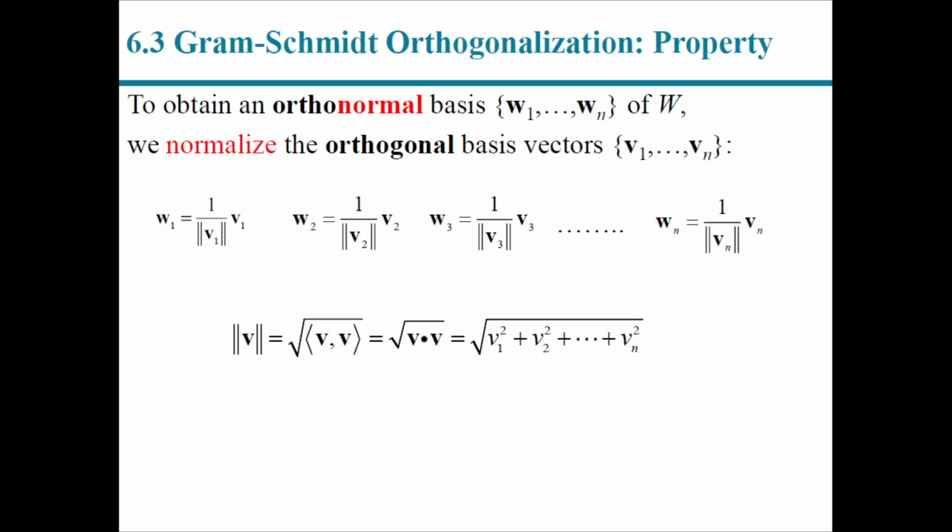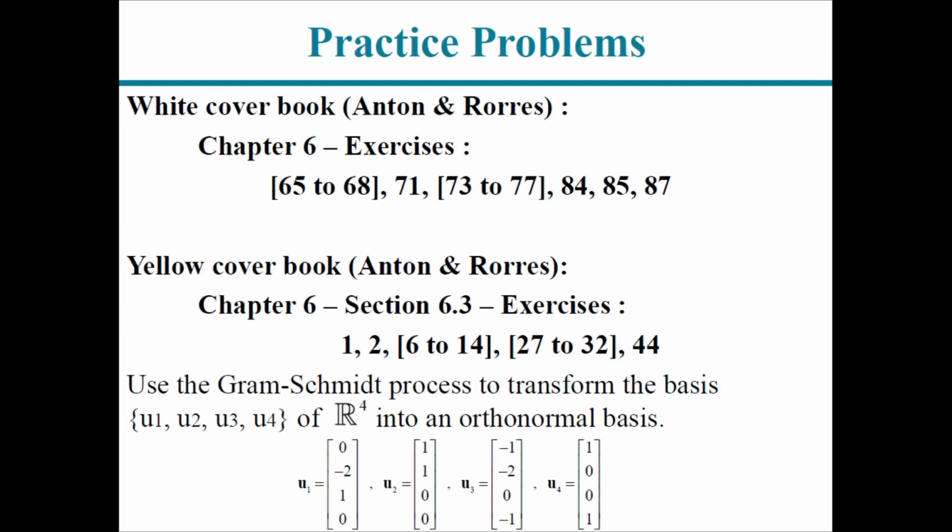But if the question is find an orthonormal basis, we do Gram-Schmidt, and then at the end, we normalize each vector in the basis, and then we get an orthonormal basis. So these are some problems that you can solve to practice. And now we are going to see some examples of the process, just applying the Gram-Schmidt process.